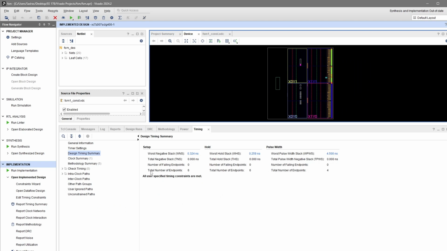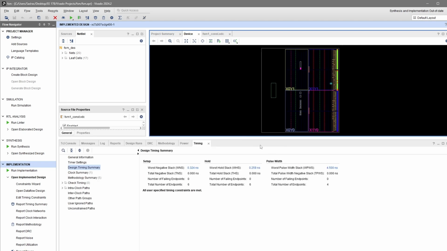By not having any more errors, we can say that we are good here and that the input and output delays are in sync with the clock cycle that we have configured at 100 megahertz.